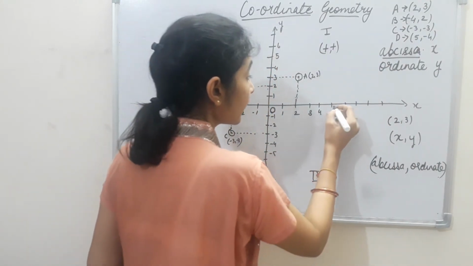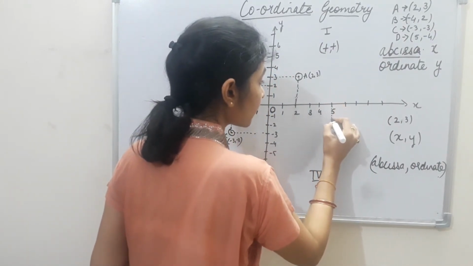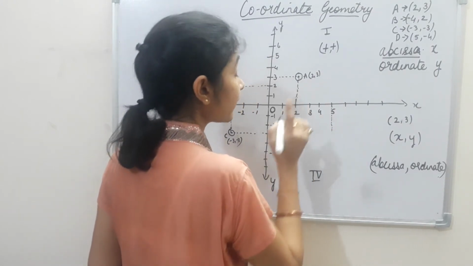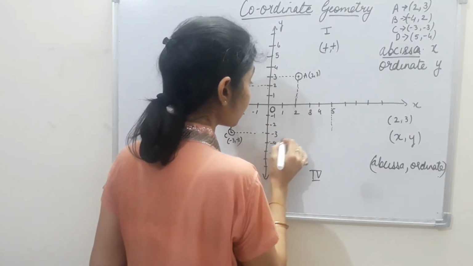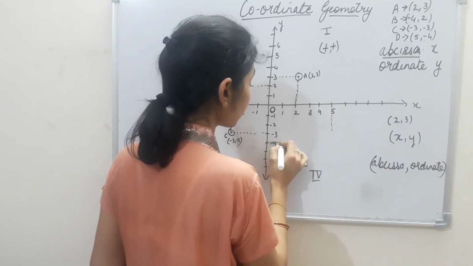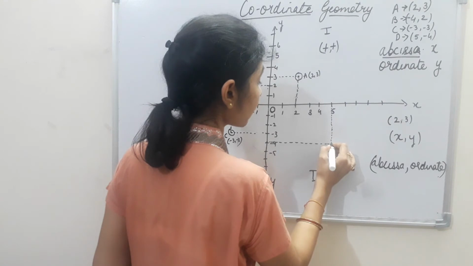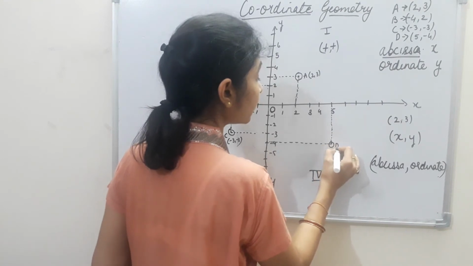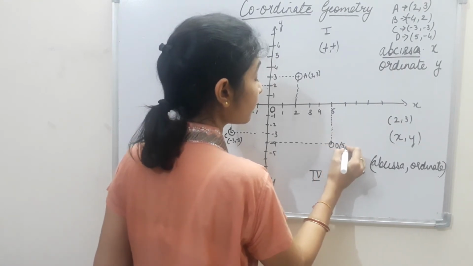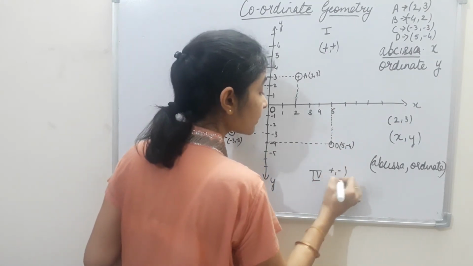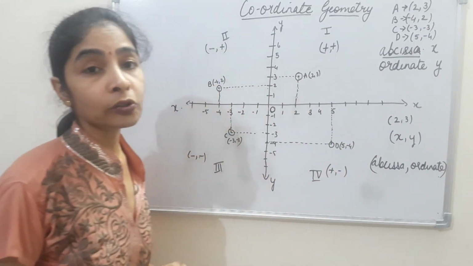So here x is equal to 5, so the line will start parallel to the y-axis from 5, and y is -4, so this will go parallel to the x-axis and will intersect at this point. This is the point D, and that is 5 and -4. So when x is positive but y is negative, it lies in the fourth quadrant.